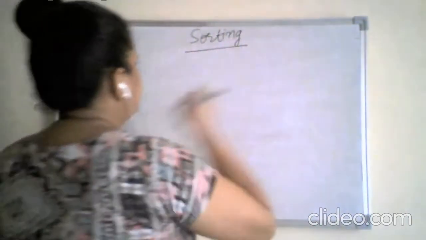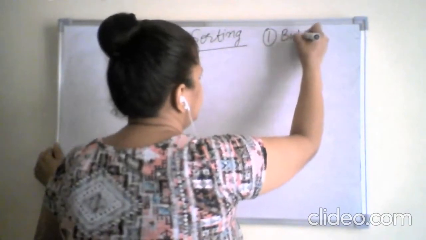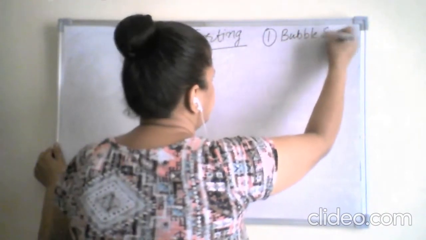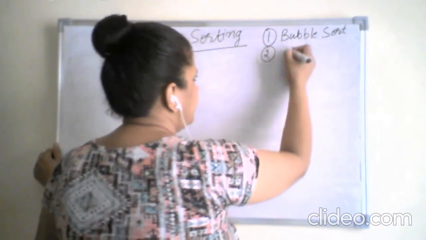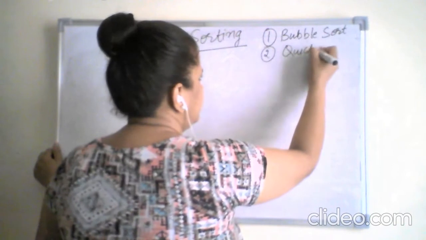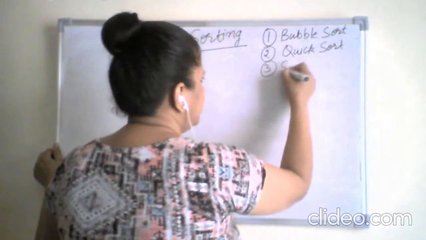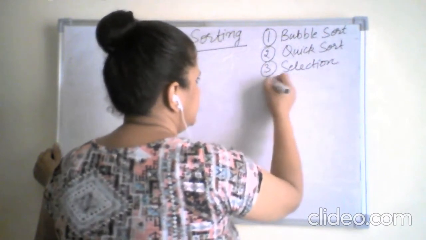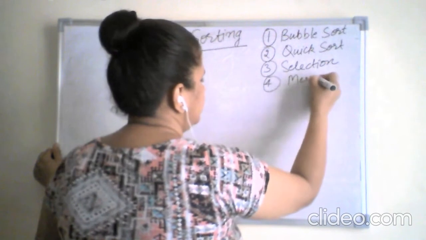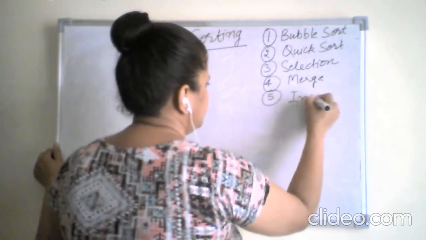do the sorting. And in the previous class, I told you about the different types of sorting algorithms available to us. Just for a quick recap, I am writing the names of all those sorting algorithms. First one is bubble sort, then we have quick sort, third one is selection sort, fourth one is merge sort, and fifth one is insertion sort.